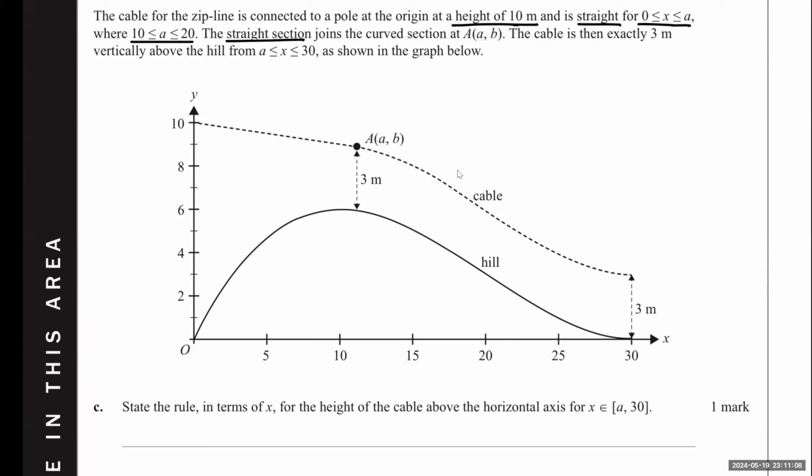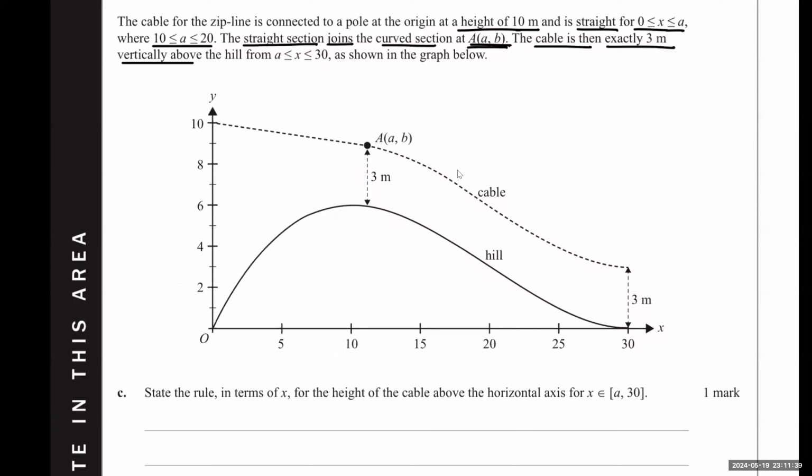The straight section joins the curved section at A, B. The cable is then exactly 3 meters vertically above the hill. Well, according to this diagram, I would say the cable, this curvy bit, is a translation of 3 meters up from the hill, okay?